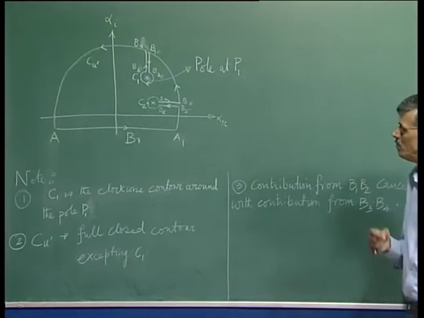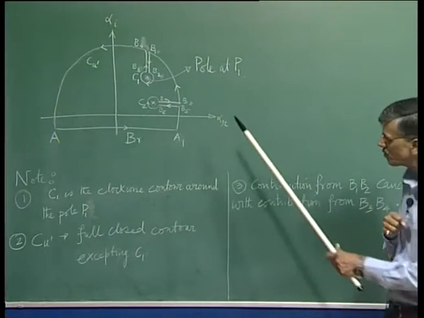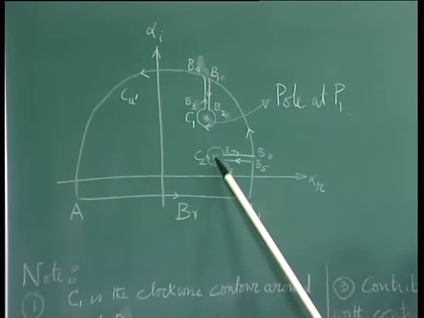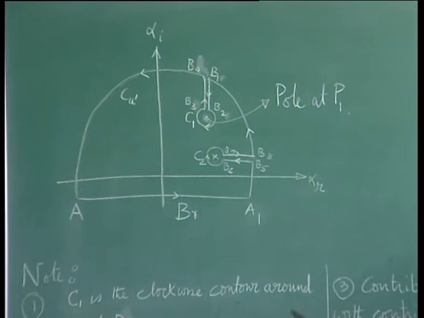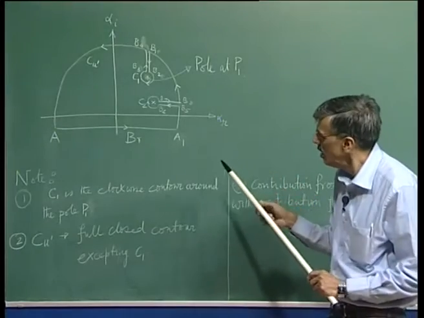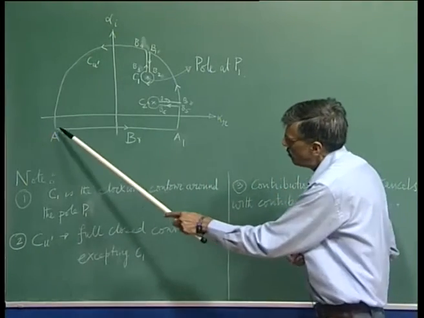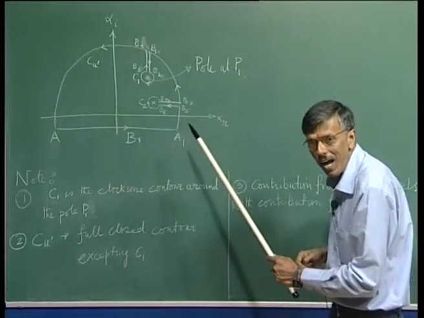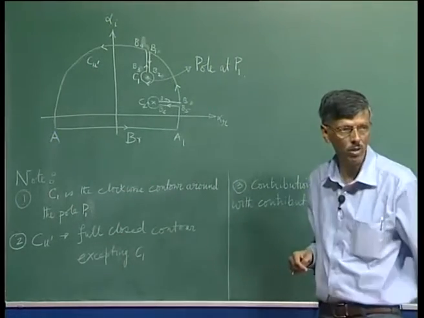Now, what happens is any pole lying above corresponds to the downstream propagating mode, right. That is one thing we are talking about, and instead of closing it on the upper side, I could have also closed it on the lower side.